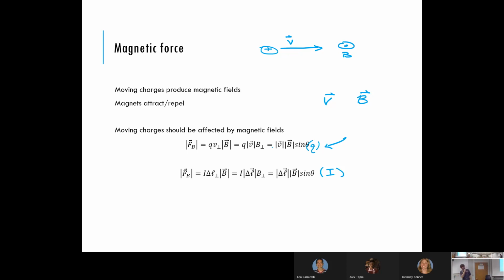So first, fingers in the direction that the particle is moving. Palm pointed in the direction that the magnetic field is pointing. In this case, I have the magnetic field pointing out of the board. Your thumb gives the direction of the force.